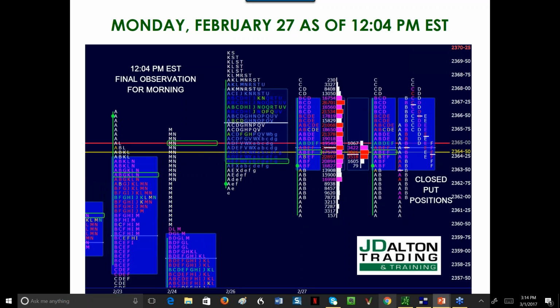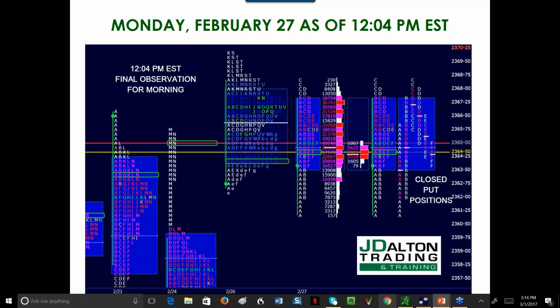Whether it be a short-term auction or a long-term auction, you generally need a completion to that auction. So if you don't have any single prints on the top, that's a sign that it probably just faded right there and you got some selling. There wasn't any completion to the auction, and it wasn't aggressive.